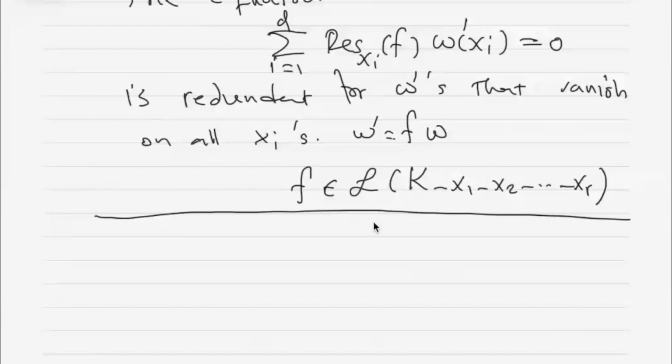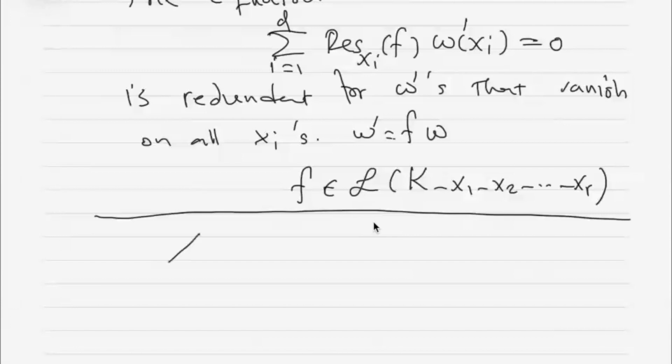Now, I want to go back to more rigorous math and tell you a little bit about how to complete the proof of the Riemann-Roch theorem using the calculations that I did at the end of the previous lecture.